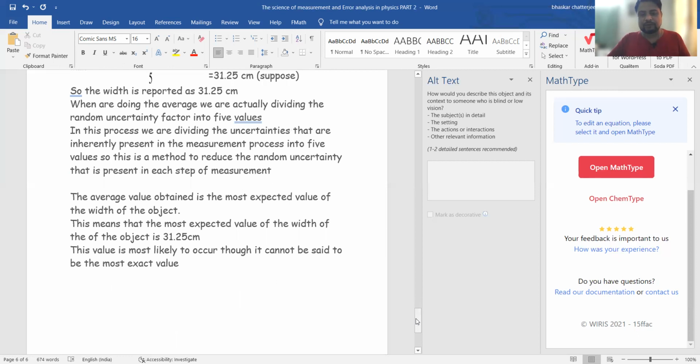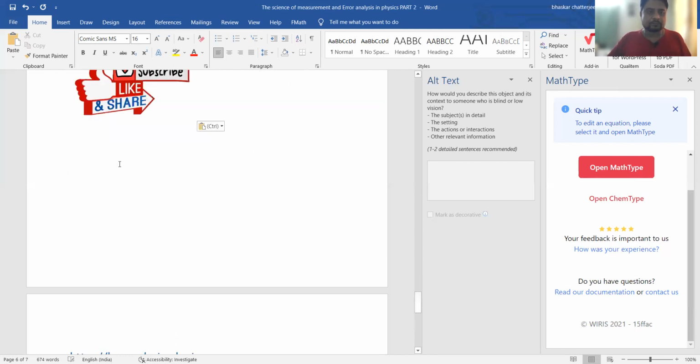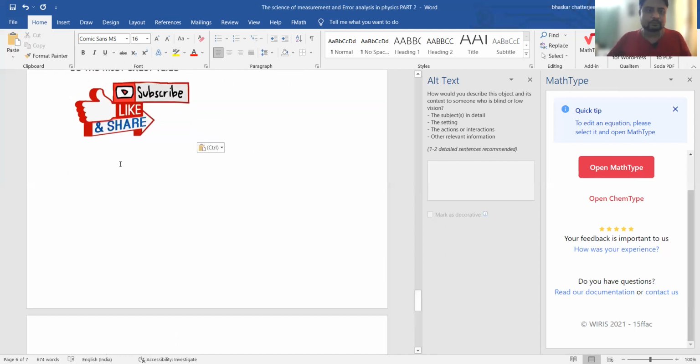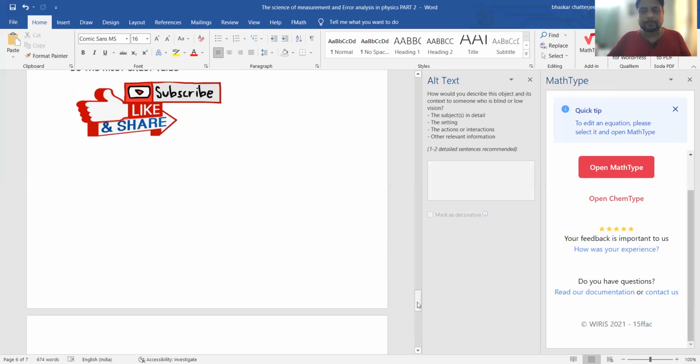This is the concept of average. This is the thing that we are doing when we are measuring something, when we are taking the average of a quantity. This is the concept of average.